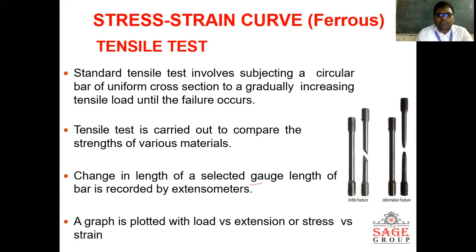The extensometer is basically used to find the final change in length of the specimen, but we can also calculate it before that. Suppose we mark a gauge length, measure it initially and again afterwards, using a vernier. A graph is then plotted between load and extension, and between stress and strain.